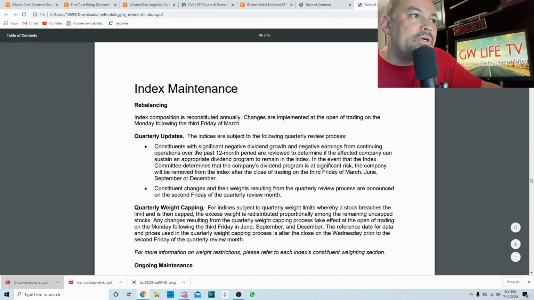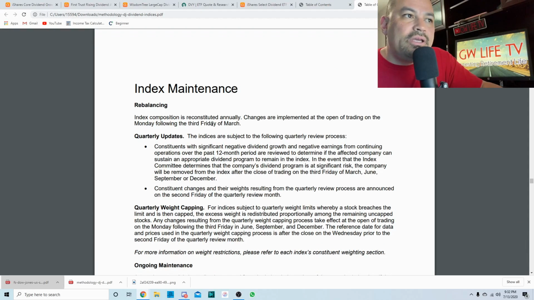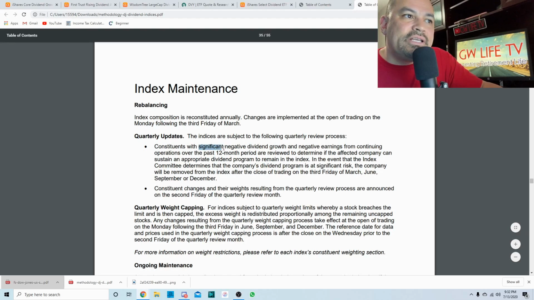Another thing is they look at it annually and they rebalance annually the third Friday of March, except there are some exceptions. Companies with significant negative dividend growth and negative earnings from continuing operations over the past 12-month period are reviewed to determine if the affected company can sustain an attractive dividend program to remain in the index.